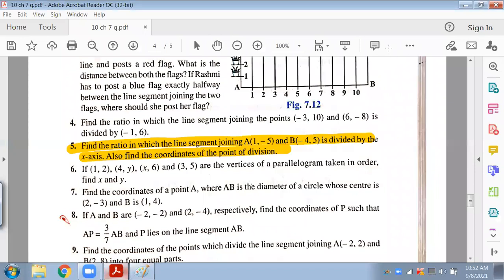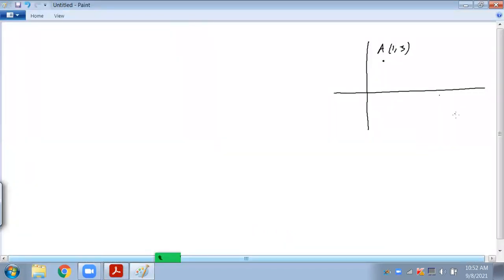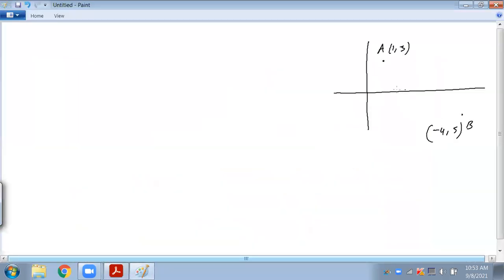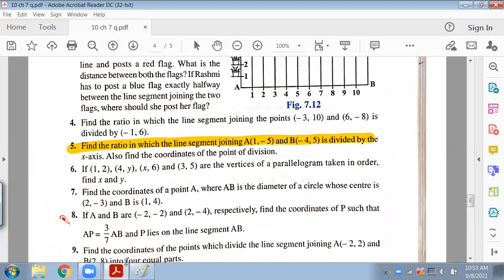So first take A and B. A is (1, 5), and B is (-4, 5)... B is (-1, -5)... One comma -5.